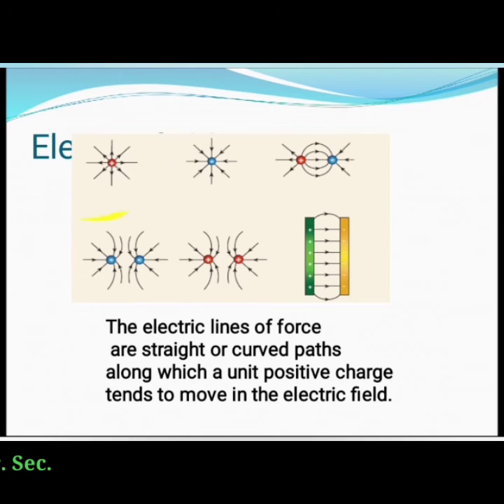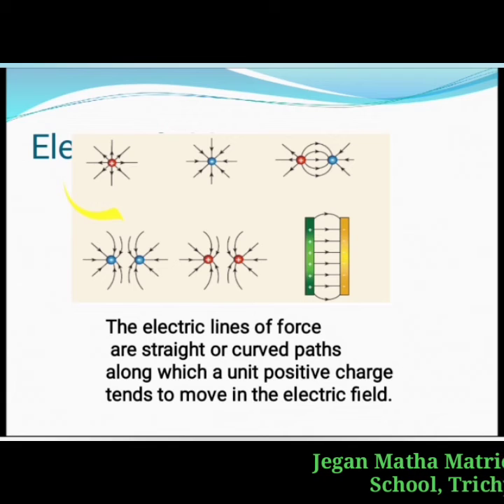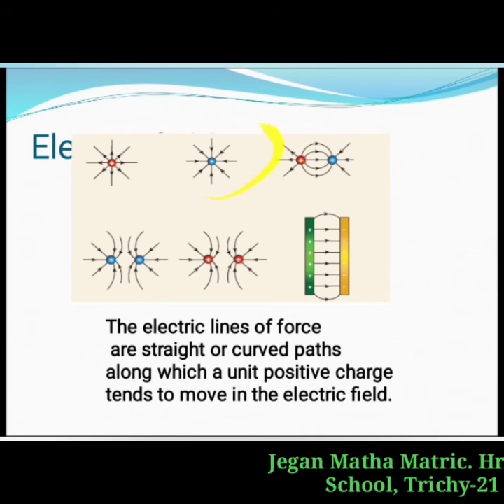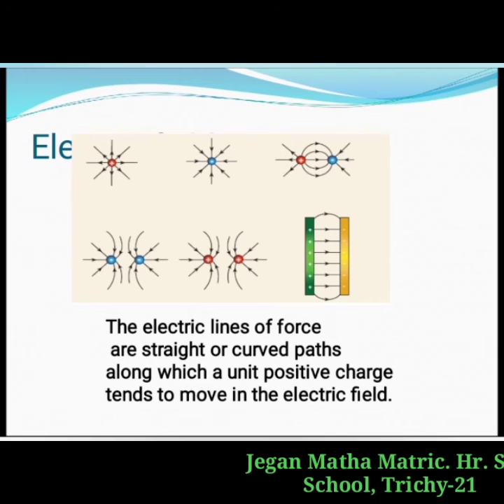For an isolated positive charge, the electric lines of force are radially outwards, and for an isolated negative charge, they are radially inwards. See the direction of the arrow. For an isolated positive charge, it is outwards. For a negative charge, it is inwards.